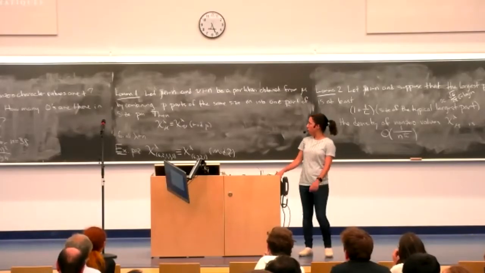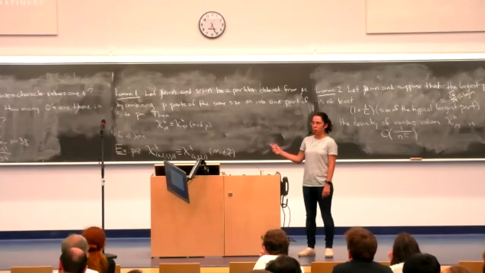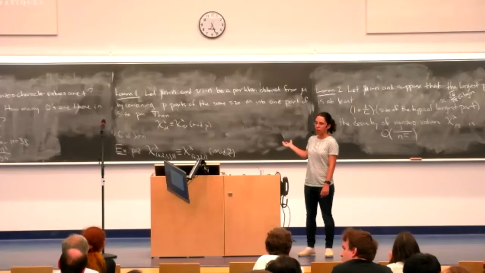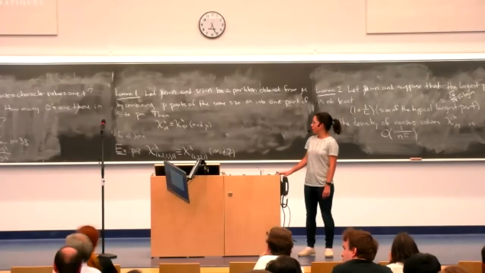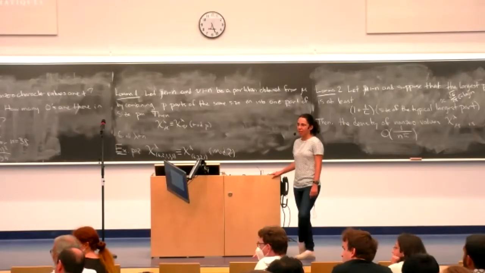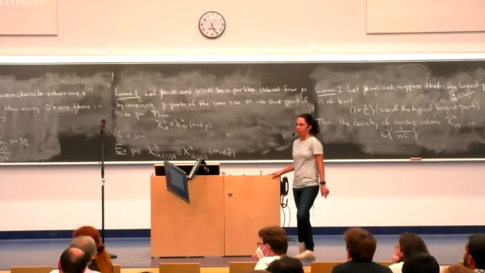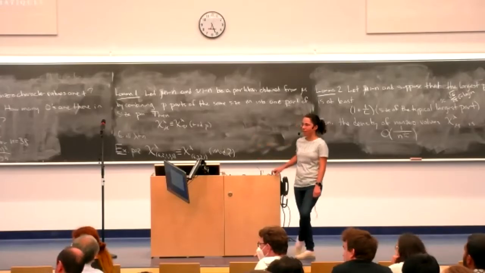But from our result, you can get something for the integer character values, like for the alternating group, and you can control how much that happens.